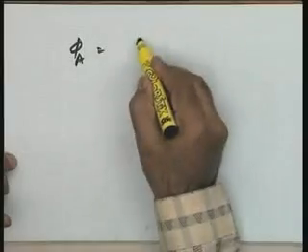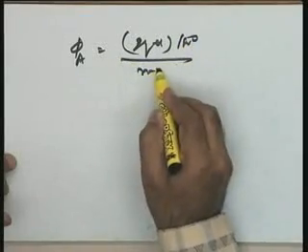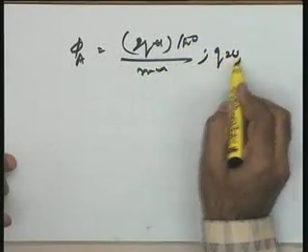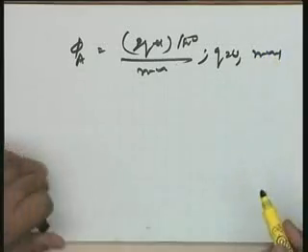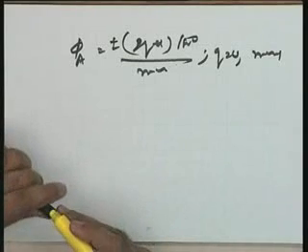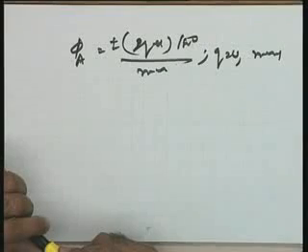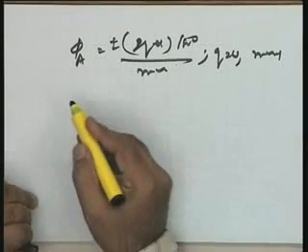Phi a equals (2q plus 1) times 180 degrees over n minus m, q is equal to 0 to n minus m minus 1. So, application of this formula will give you 45, 135, 225, 315. Okay.